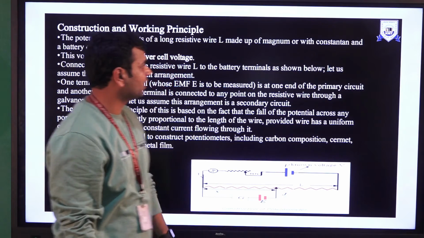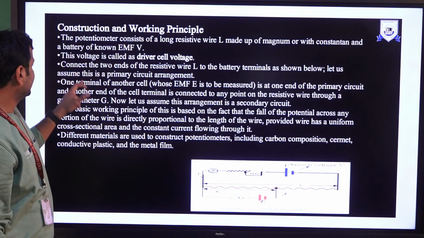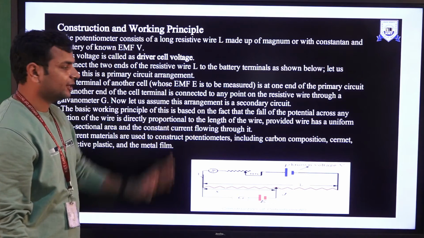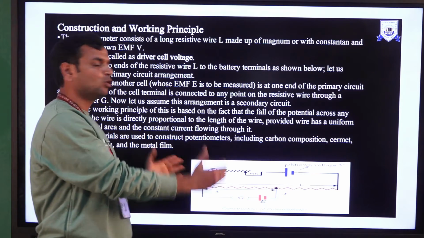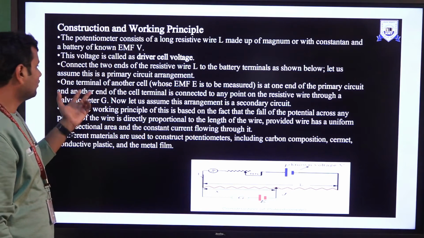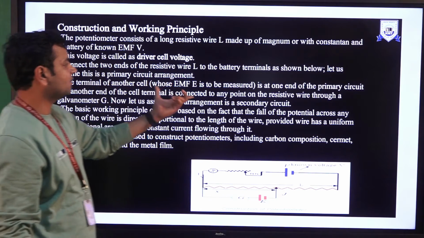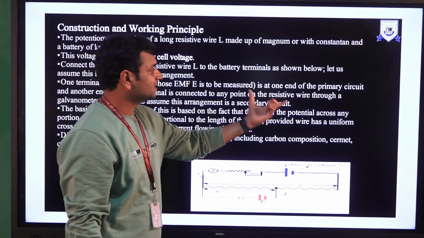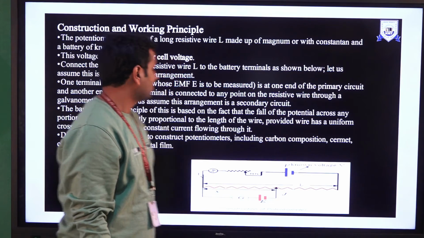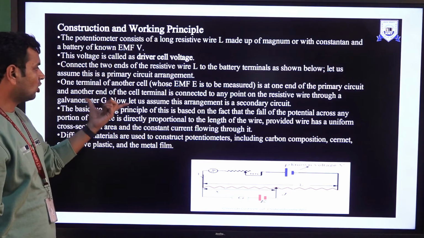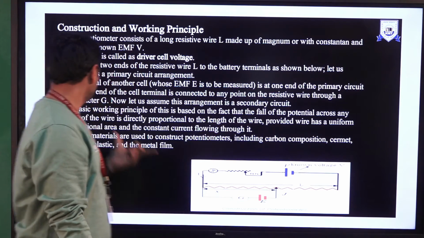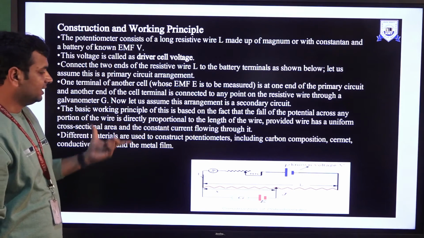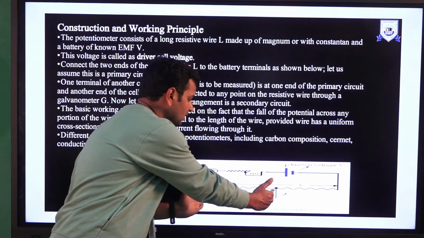As you can see over here, let us assume this is the primary circuit arrangement. This is our input arrangement, and the next one is one terminal of another cell whose EMF E is to be measured. It is connected at one end of the primary circuit, and the other end of the cell terminal is connected to any point of the resistive wire through a galvanometer G, as you can see over here.